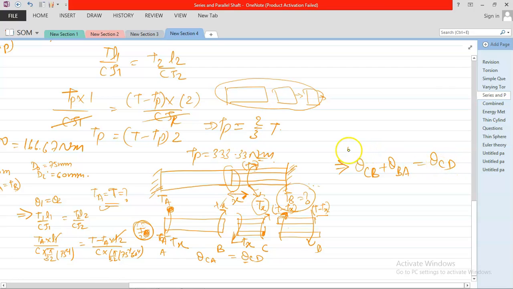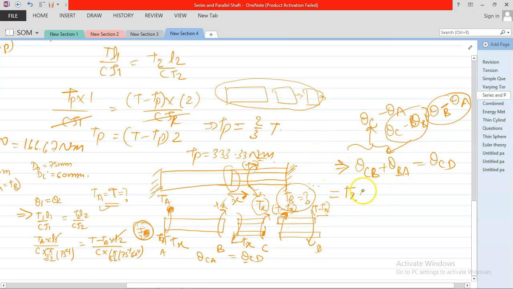How many of you are getting how I am writing it? Because theta C is equal to theta C minus theta A, and you can simply add and subtract theta B. Now this is theta CB minus theta BA. I hope everyone is getting that.